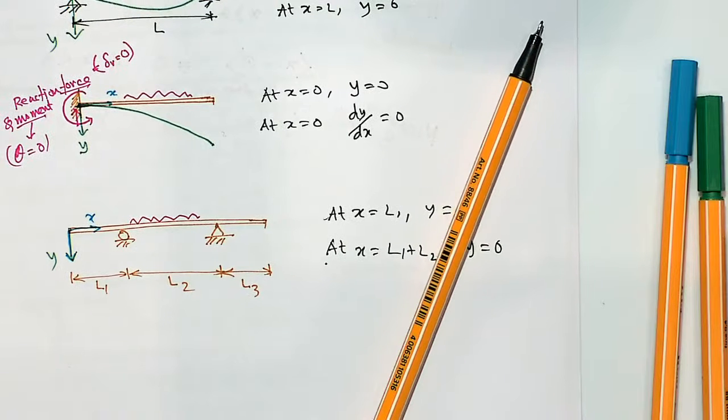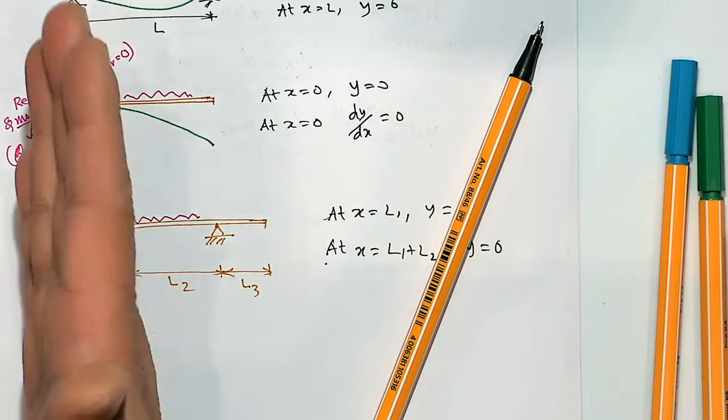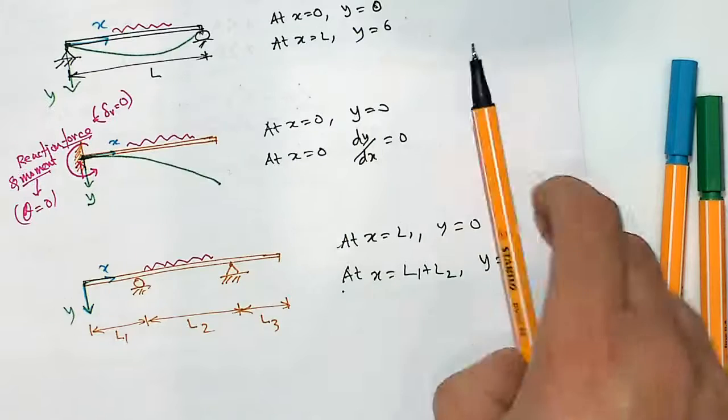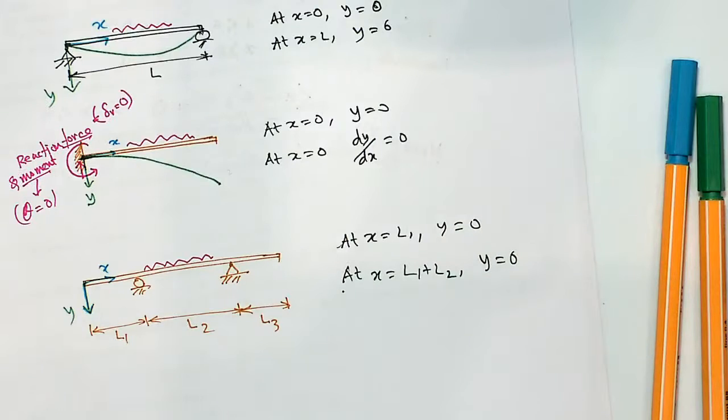Wait, so how do I do it for multiple supports like this? So it's just two poly brackets beside each other? You start with x, and whenever the load is coming, okay, let's devise a problem and then show you how to do that.